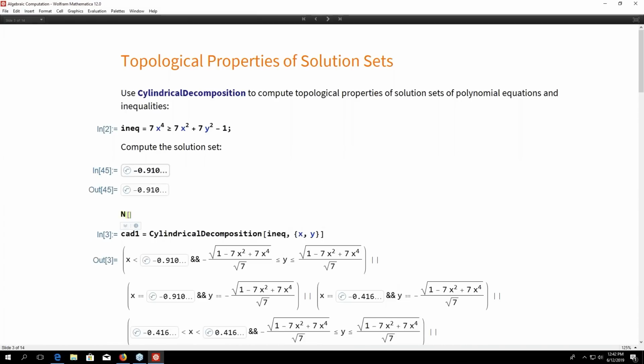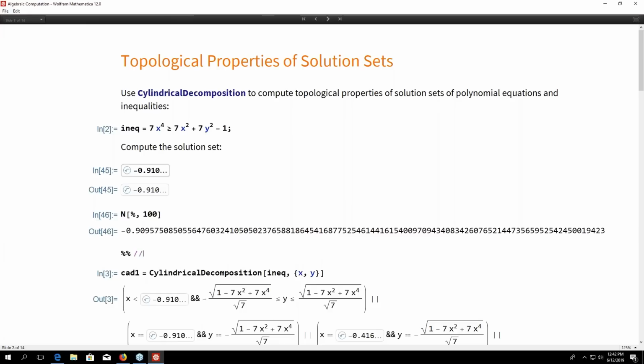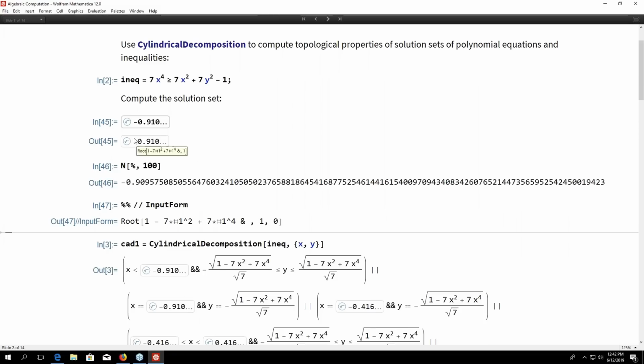We can take the numerical value of it, for instance, with 100 digits. And the InputForm of it is the Root objects that we could see in versions 11 and earlier. And this representation in version 12 is for Root objects and for algebraic number objects.